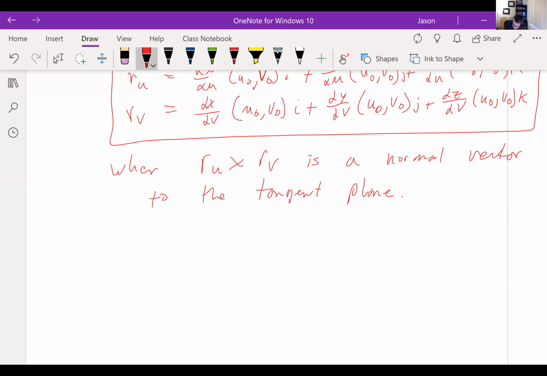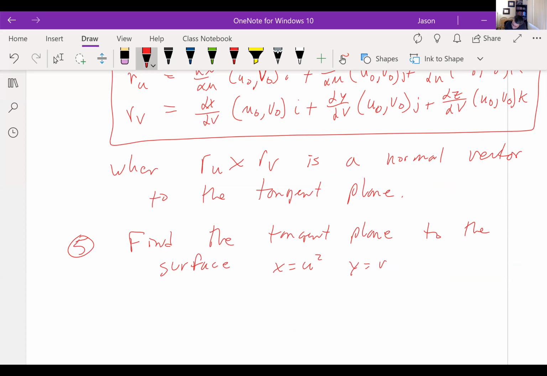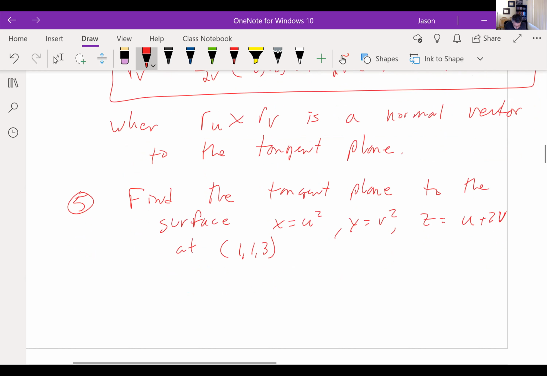Okay, so number 5. Find the tangent plane to the surface x equals u squared, y equals v squared, z equals u plus 2v, at the point (1, 1, 3).